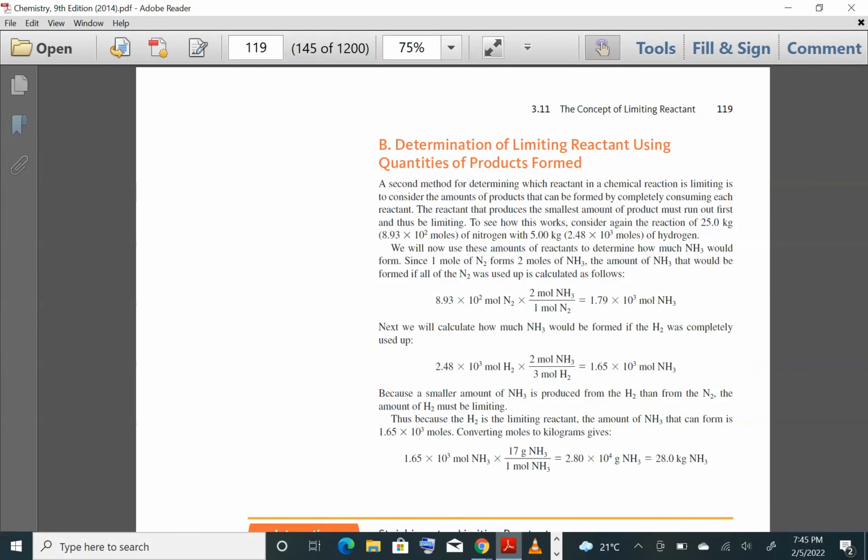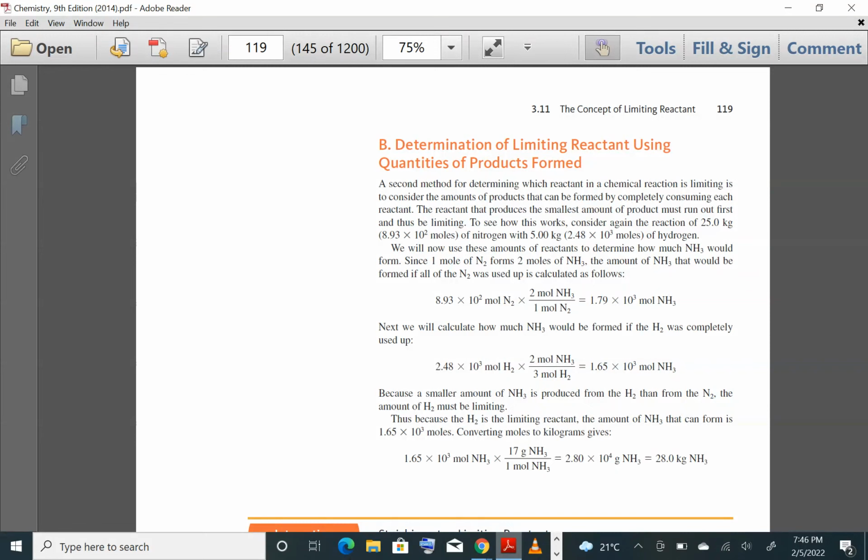So using the hydrogen we are getting less compared to using the nitrogen. That means that because a smaller amount of ammonia, the product, is produced from the hydrogen, the hydrogen must be the limiting reagent.